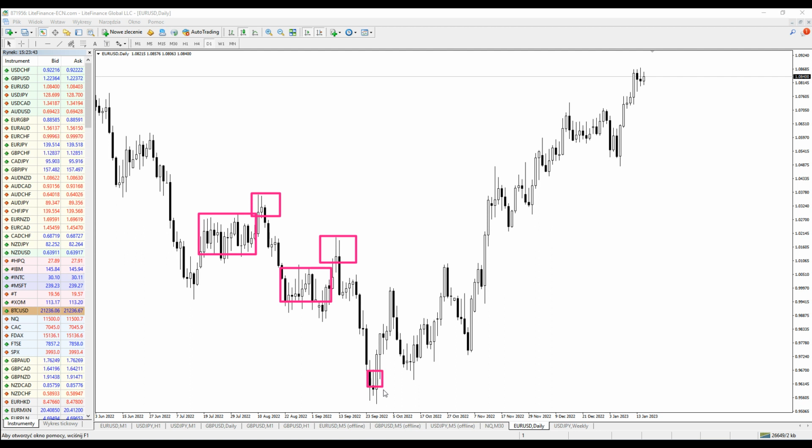Look at this one, that's the failure, that's the name of the game. Either we are trying to break to the upside after the consolidation, or we are trying to break to the downside after the consolidation. That's the thing. And from the higher time frame it is very well visible. That's what we are talking about.